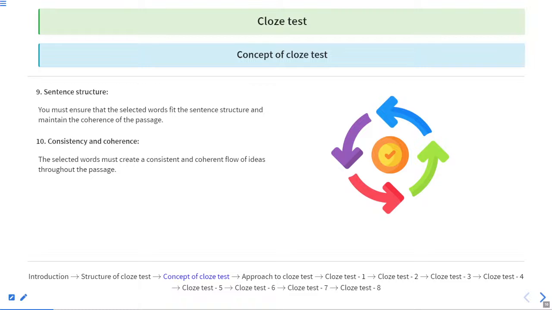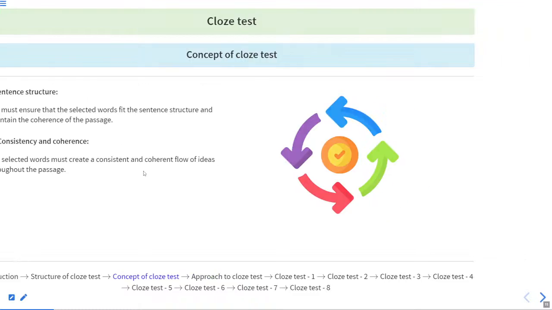So the right choice here may be "defeated". There is a consistency and coherence in the two sentences. There is a constant flow of ideas communicated through these two sentences, and therefore we need to maintain this consistency and coherent flow of ideas throughout the passage.